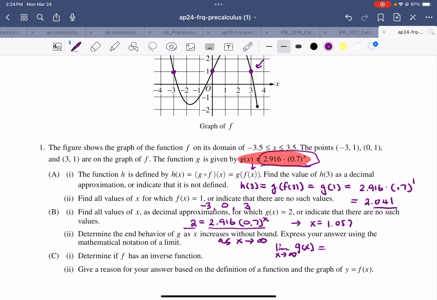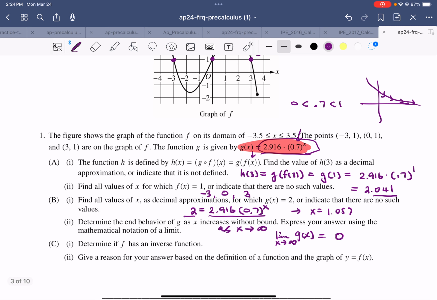Since your b value, 0.7, is between 0 and 1, if you think about the exponential graph, it's going down. It approaches 0, keeps going down. Your exponential graph looks like this, right? As x approaches infinity without bound, the y value approaches 0.